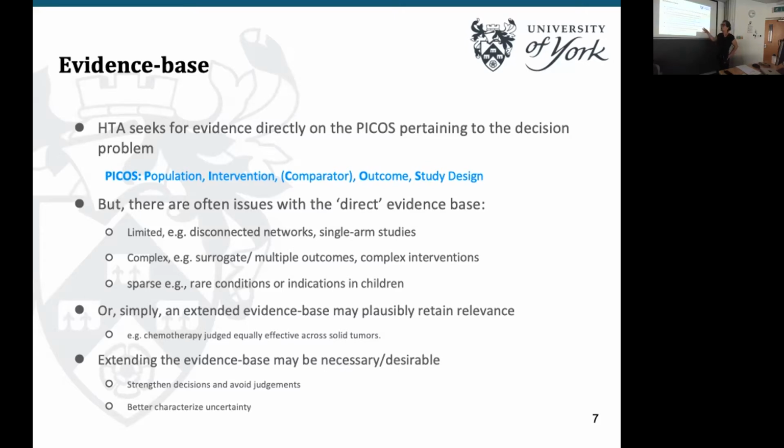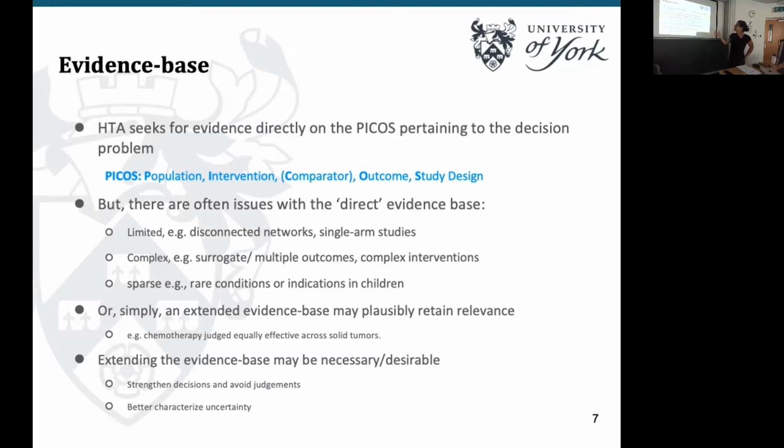The evidence might be complex in the sense that it might focus on a surrogate outcome and not actually present final outcome evidence. It might pertain to a complex intervention, where it is really difficult for causality to be ascertained to each of the components of that intervention, or the RCT might actually be very, very small, very sparse in the case of rare conditions, etc. So there are very often problems with the evidence being so close to marketing authorization. So the evidence is not really well developed.